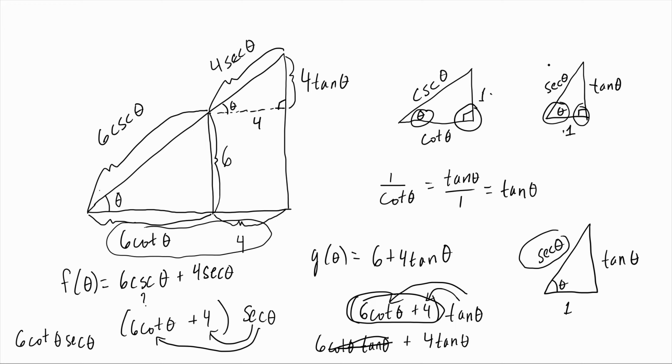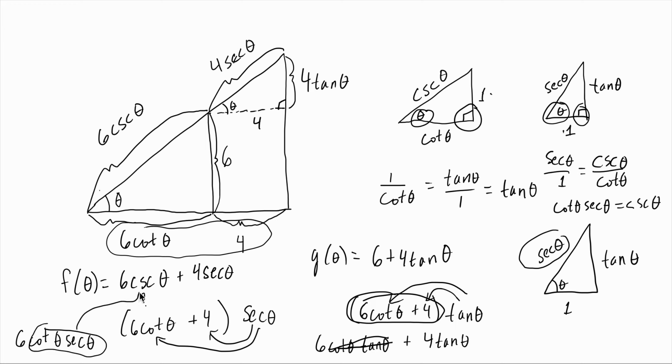For instance, the ratio of secant to 1 is the same as the ratio of cosecant theta to cotangent theta, right? So what happens if we multiply both sides of this relationship by cotangent? You would end up getting cotangent times secant, which actually is equal to cosecant. Ooh, so this is actually the exact same as cosecant. So you would end up getting the exact same thing.